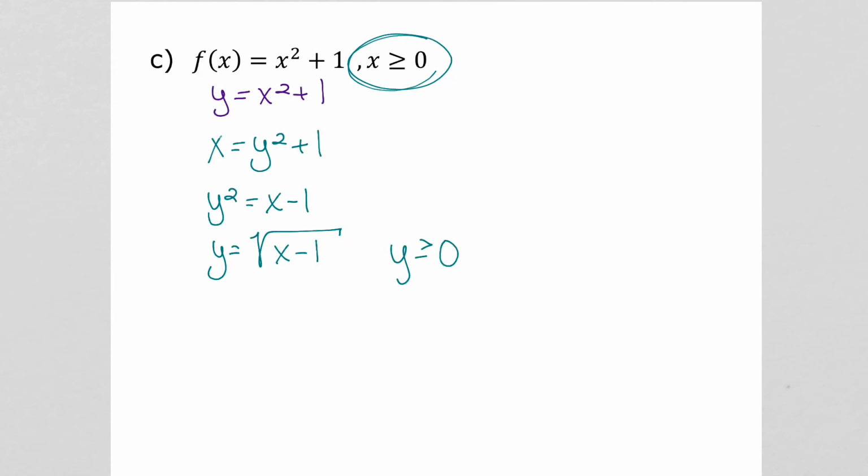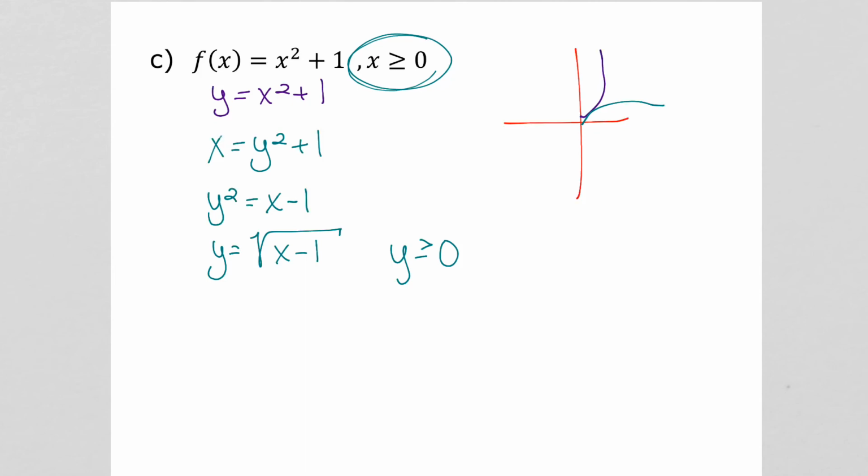If I were to graph these, the original looks like this. Its inverse looks like this. So the reason why we can only have x greater than 0 here is because to also have a function, we can only have y greater than 0 down there.